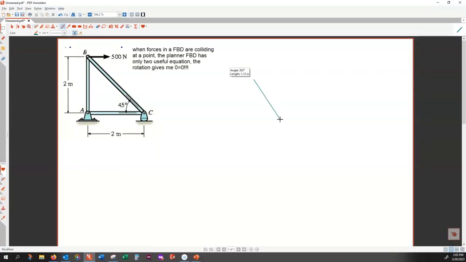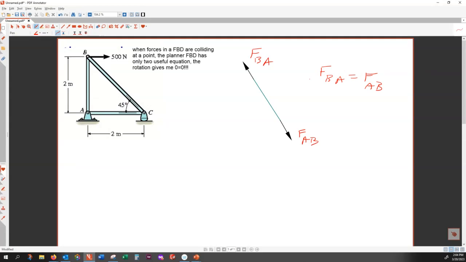If I choose BC, that is the free body diagram for BC. This is FBA and this is FAB. Can I assume that FBA is equal to FAB?